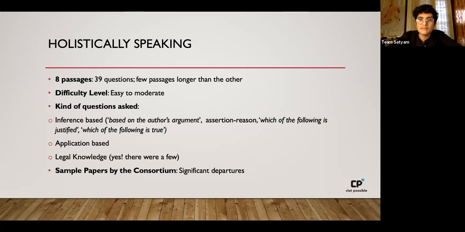First of all, on the basis of legal knowledge. In sample paper 3 that was released by the CLAT consortium, all the questions were mostly application of the legal principles to the factual situation presented in the question. But in this paper that we saw yesterday, there were significant questions where you were asked to draw inferences, where you were required to apply some amount of legal knowledge. So we'll come to those specifics.